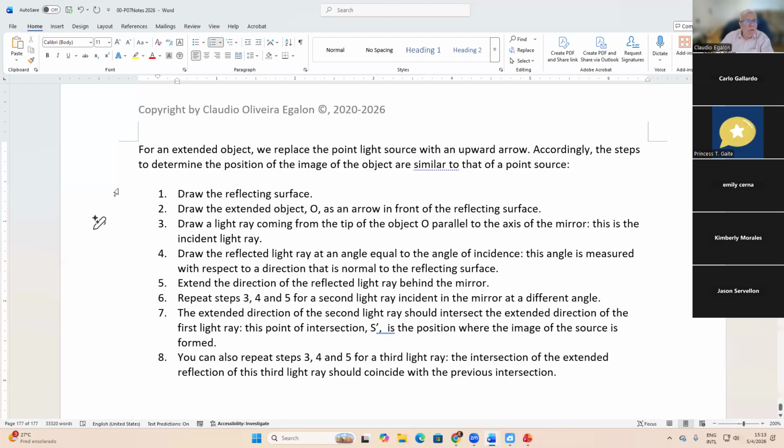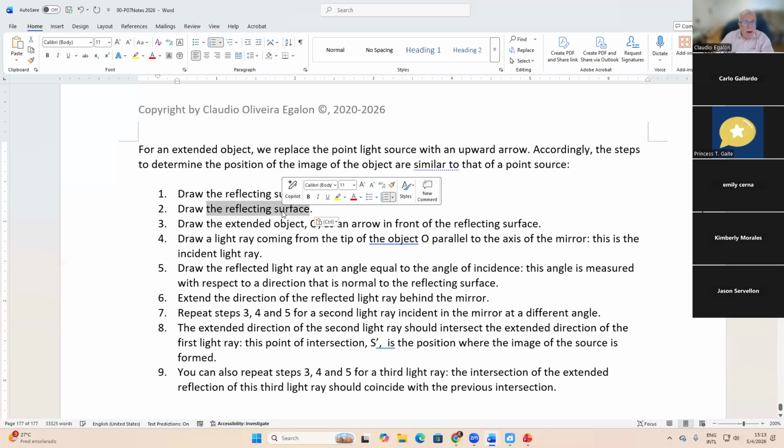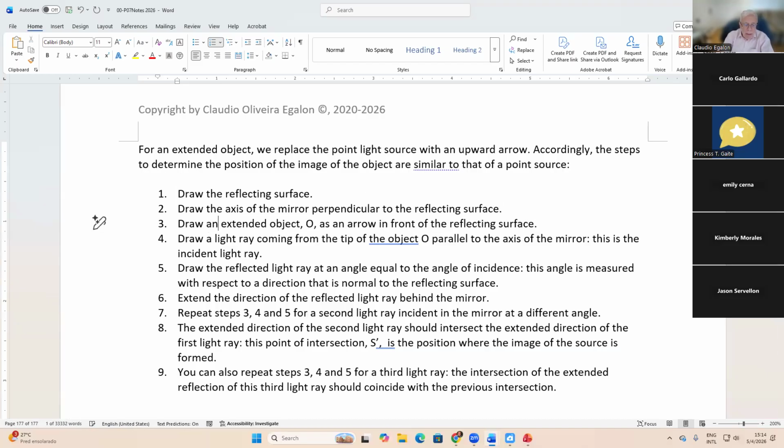And by the way, I have to draw one more thing here. Draw the axis of the mirror perpendicular to the reflecting surface. Draw an extended object. Now it has to be an axis, an extended object, an axis.